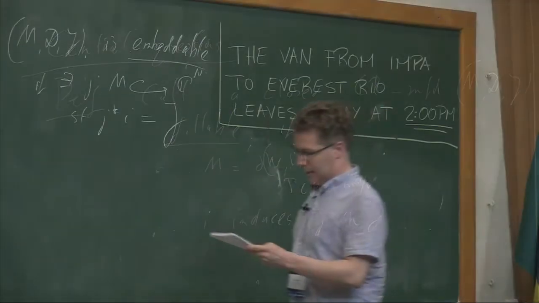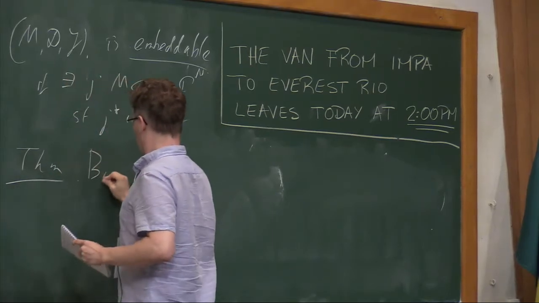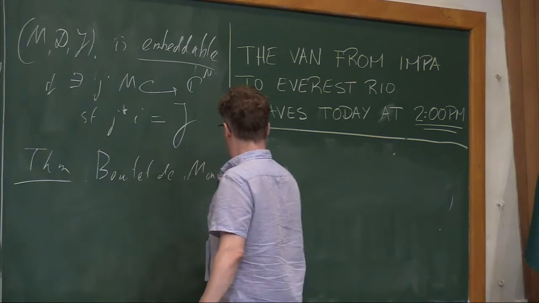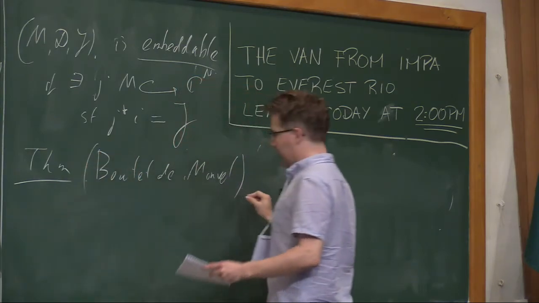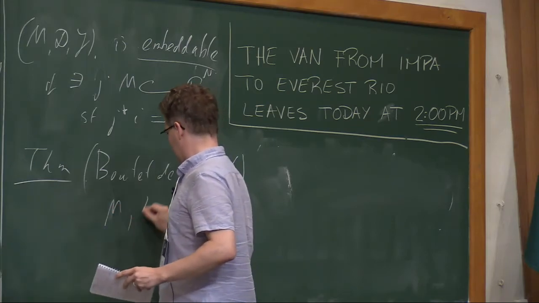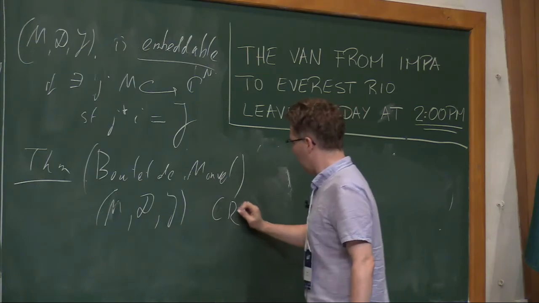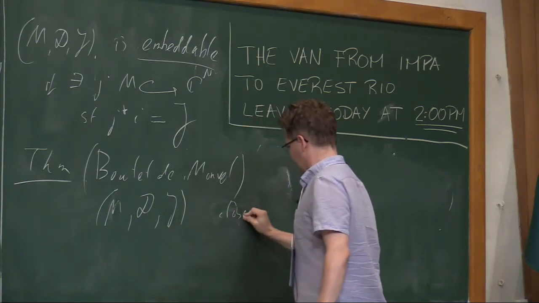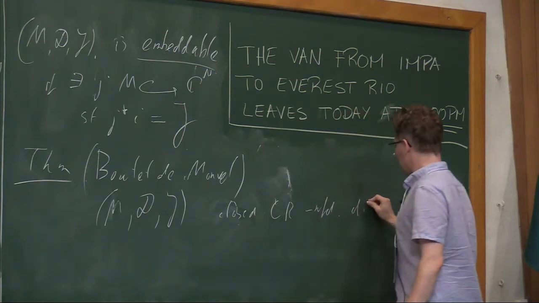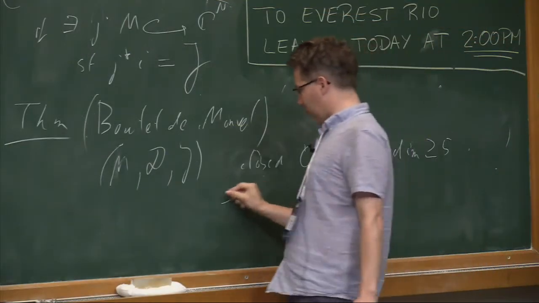Okay, and so then there's a theorem by Boutet de Monvel, and this says that if you have a closed CR manifold, and the dimension is at least 5, then it is embeddable.